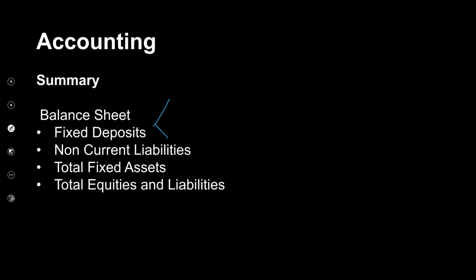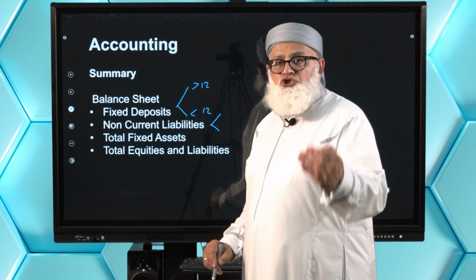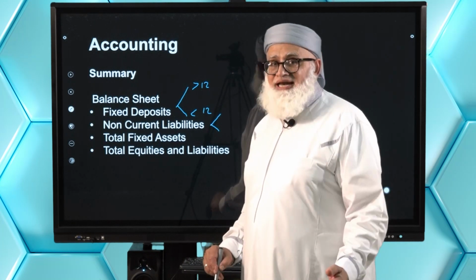Greater than 12 months, under the financial asset, less than 12 months, under cash and cash equivalents. Right? Also remember, separate your non-current liabilities into its two components. Non-current, greater than 12 months, under non-current liabilities, and then your current liabilities, your short-term loan, payable within 12 months, under the short-term, namely under your current liabilities.